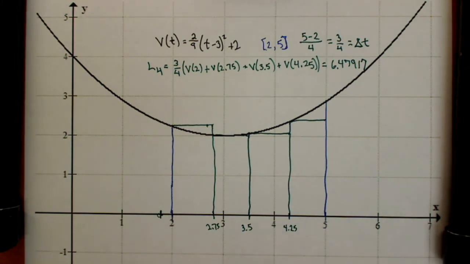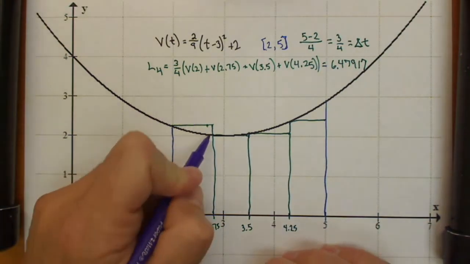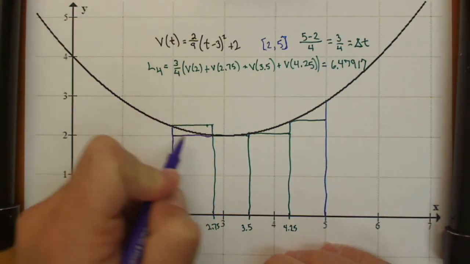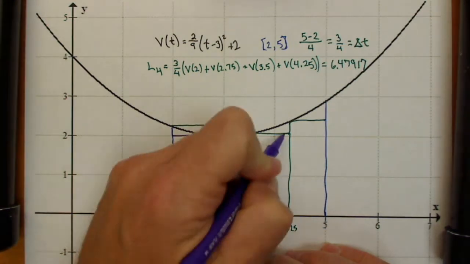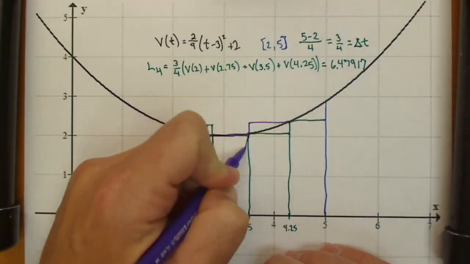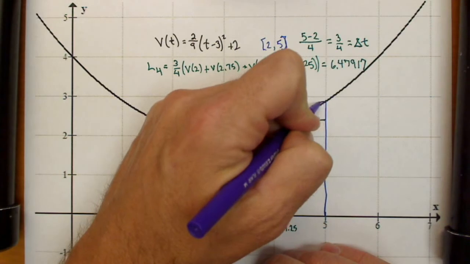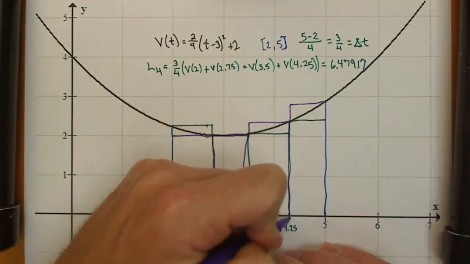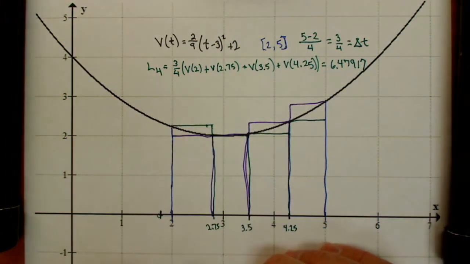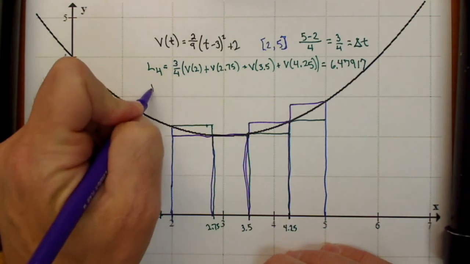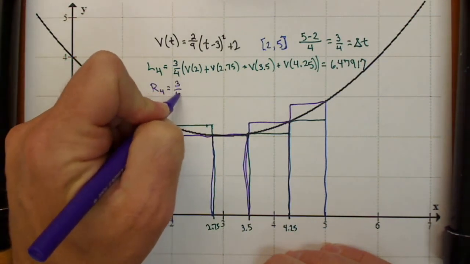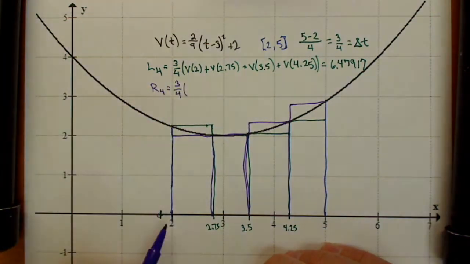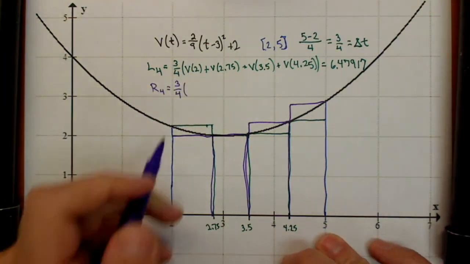Very similarly, we can do a right-hand rule. We're already set up for it. My rectangles now are going to be made by the right-hand point. So we can see we're going to get a little bit different estimate of our area. R sub 4 consists of a lot of the things that the left-hand rule did, except it doesn't use the leftmost point, but it will use the rightmost point.